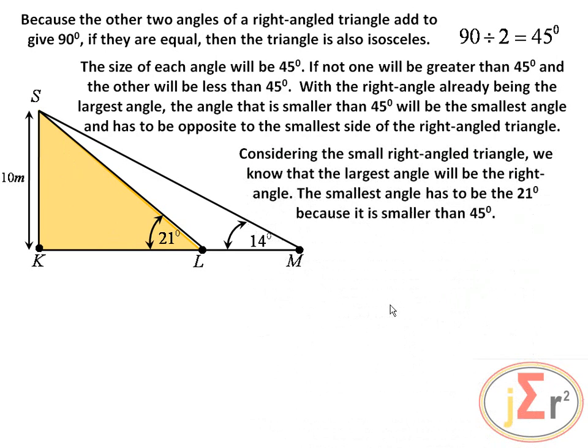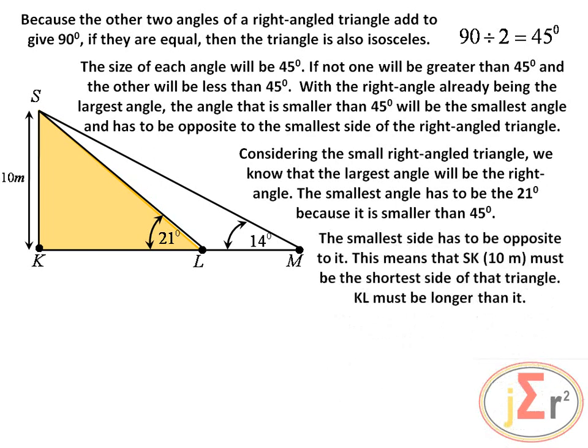Considering the small right angle triangle, we know that the largest angle will be the right angle. The smallest angle has to be the 21 degrees angle because it is smaller than 45 degrees. The smallest side has to be opposite to it. This means that SK that we have, 10 meters, must be shorter than any other side.